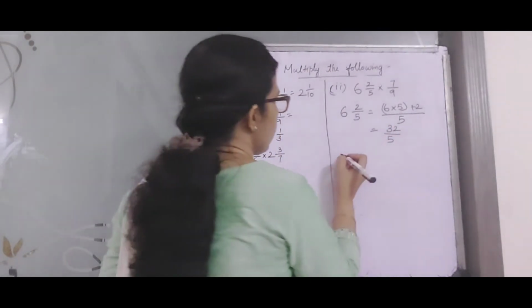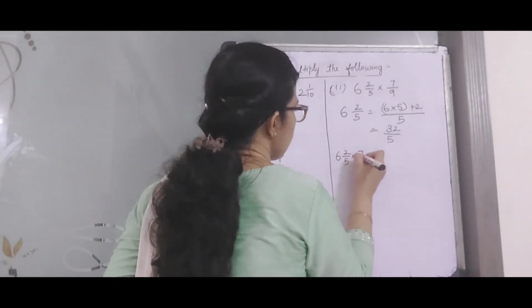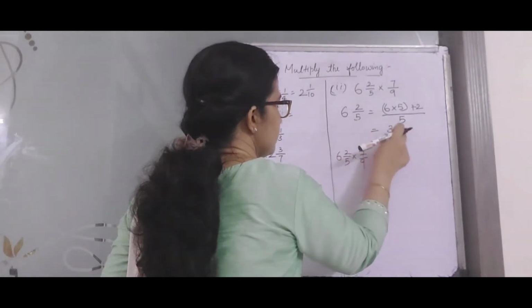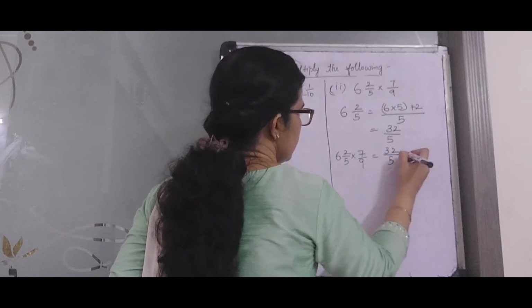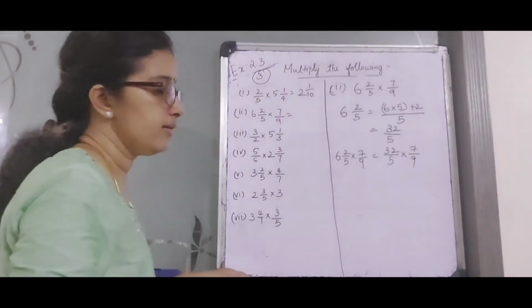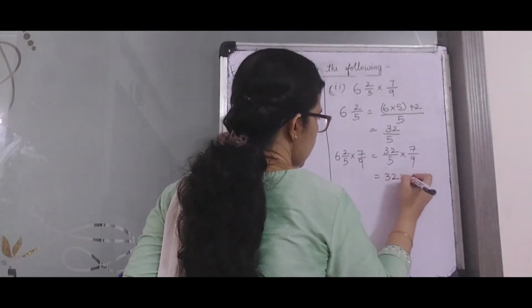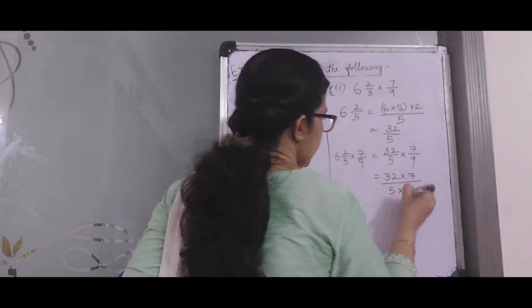Okay. So now what is the question? 6 2 by 5 into 7 by 9 can be written as 6 2 by 5. What did we get? 32 by 5. 32 by 5 into 7 by 9. Correct? Now this can be written as 32 into 7 divided by 5 into 9.